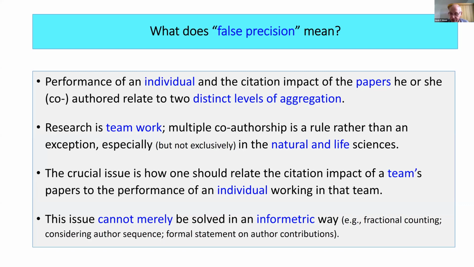And I defend the position that the only way out is to introduce qualitative expert knowledge about this individual. Informetric indicators alone will never be sufficient to come up with valid, appropriate assessments of individuals.